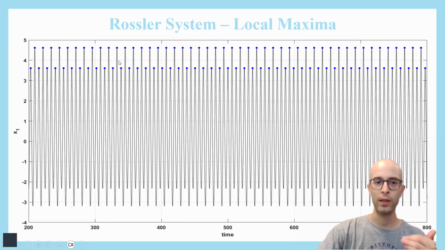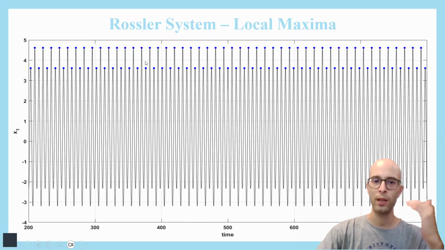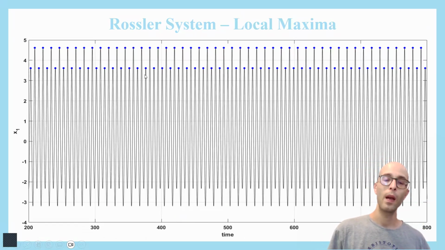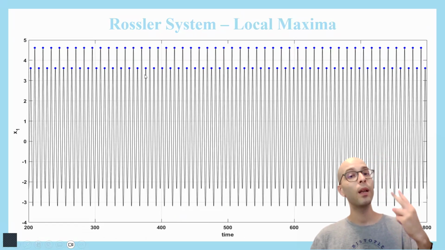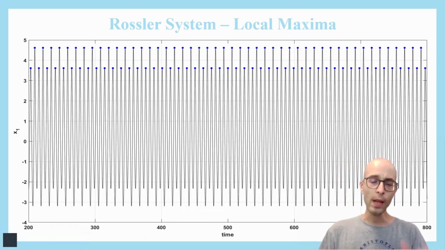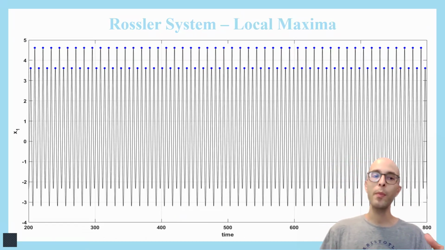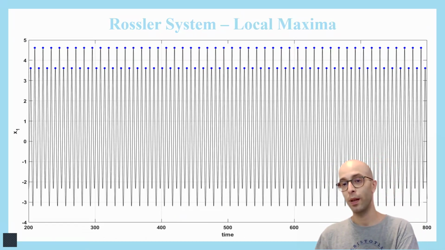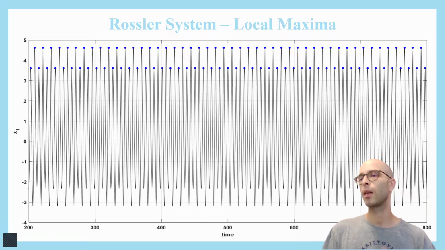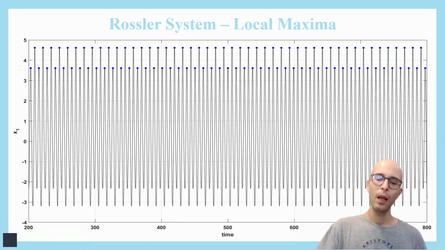So it's first, second, first, second, first, second, first, second, first, second. Okay, so we have two distinct local maxima. And this tells us that we have a periodic behavior, and we can name this behavior period 2 behavior, because we only have two distinct local maxima, right?